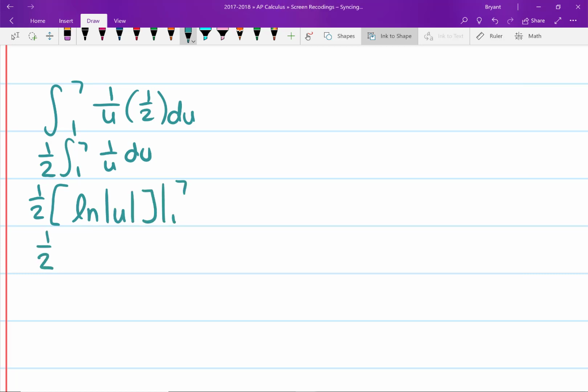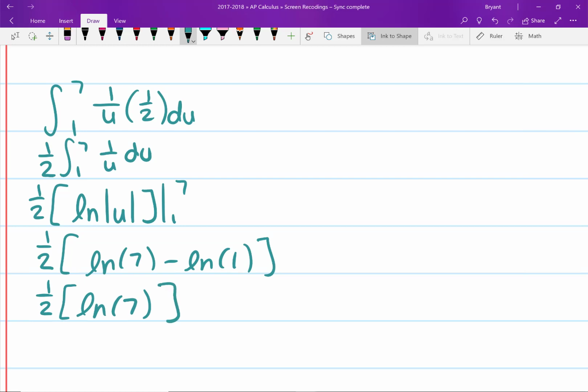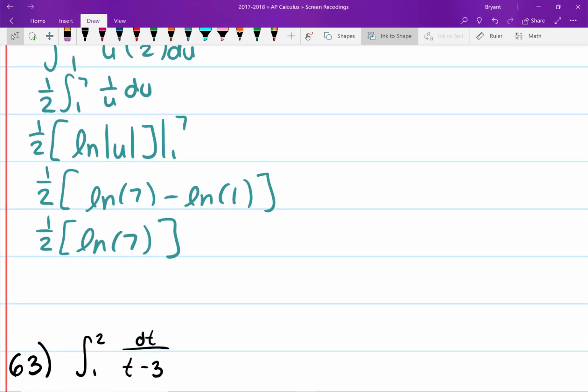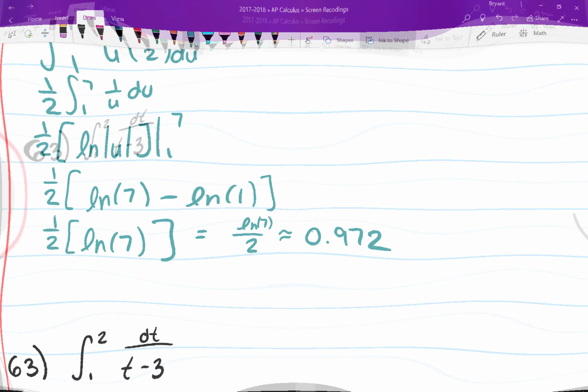So this is 1/2 times ln of 7. I can drop my absolute value bars because I know that these numbers are positive. So this is 1/2 times ln of 7 because ln of 1 is 0. So this is going to give me ln of 7 over 2, which is approximately 0.972. Again, truncating at the third decimal.